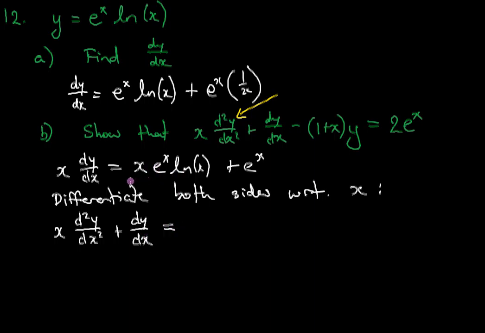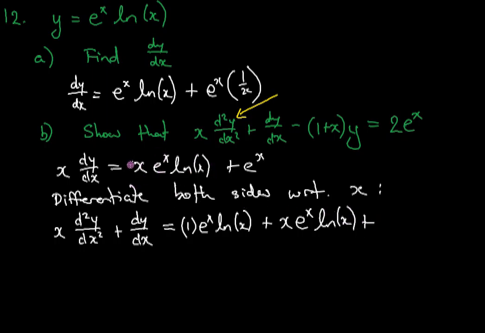Equals... so now I need to use the product rule for the product of three terms. But that's easy enough because it's the same way that we use the product rule for two. Differentiate one, hold the other two constant, and then sum them up. So differentiating x, I get 1, hold the other two constant, e to the x ln x. Plus, differentiate e to the x, I get back e to the x, and hold the other two constant, so there's x ln x there as well.